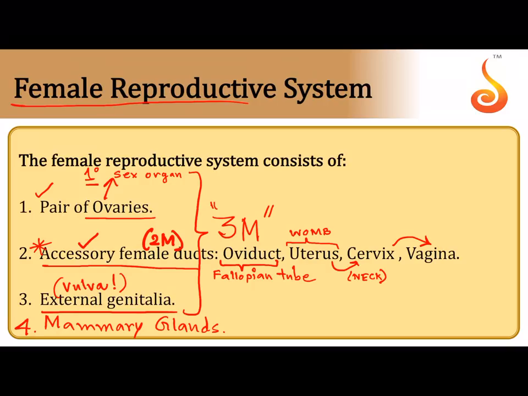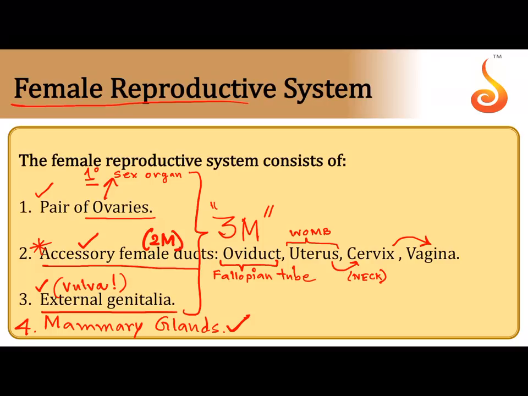And to the exterior, the third and the most important part, which helps in coitus, is referred to as the external genitalia. It is technically referred to as the vulva. Okay. And I also want you to write down the mammary glands. So mammary glands which help in production of milk and nursing the newborn child.